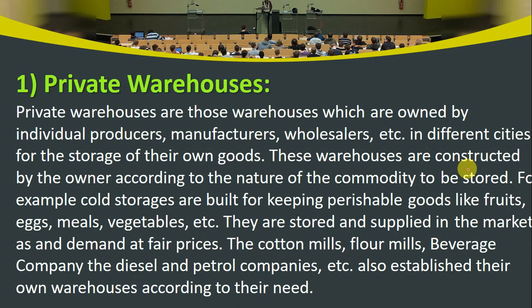They are stored and supplied to the market as and when demanded at fair prices. The cotton mills, the flour mills, the beverage companies, the diesel and petrol companies, etc., also establish their own special warehouses according to the nature of the commodity to be stored. As the cost of construction and maintenance of private warehouses is quite heavy, they are mainly built by big business units or big business organizations.